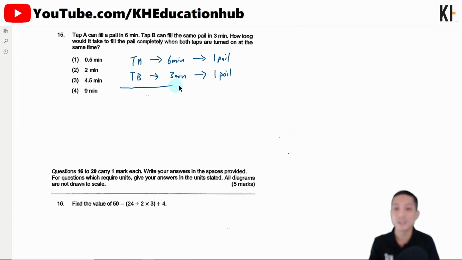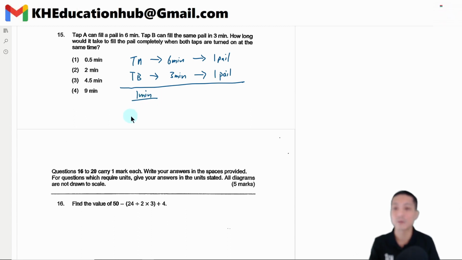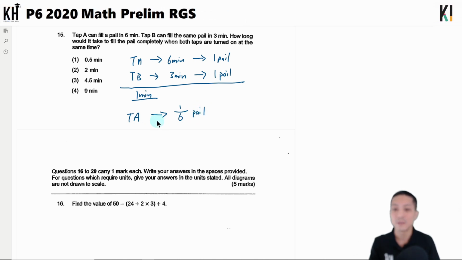The first thing you need to find is, in 1 minute, what fraction of the pail was filled up by tap A? In 1 minute, tap A can fill up 1/6 of the pail, right? And tap B can fill up 1/3 of the pail.